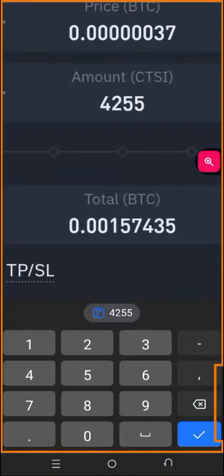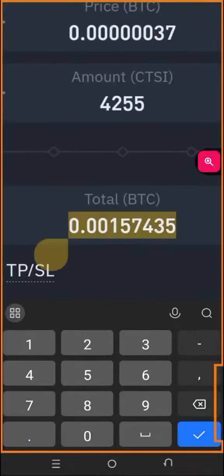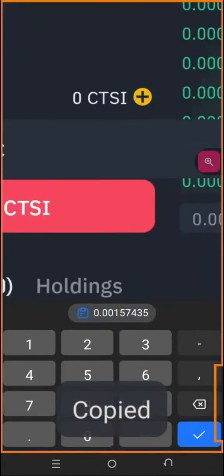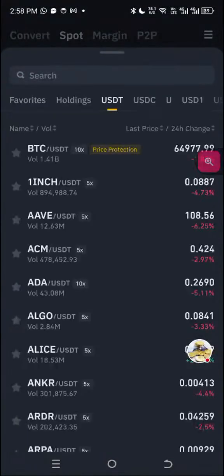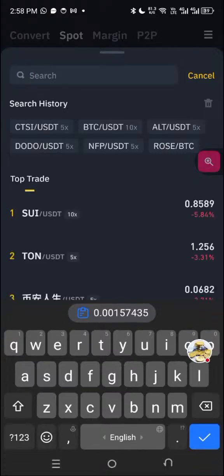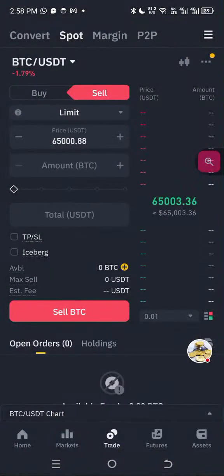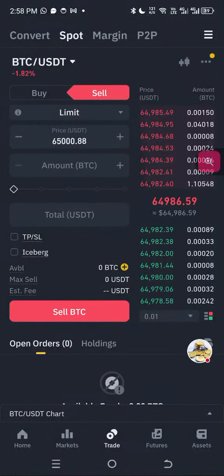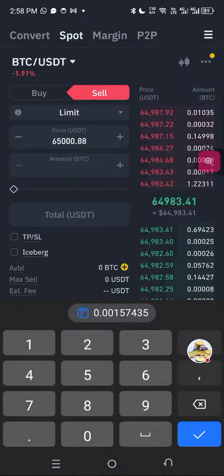Good. So now for what we've gotten here, copy your BTC. Once you copy it, then we quickly go and check. You can see I'm being very fast. I'm not wasting too much time, but because I have to explain to you guys, I still have to be a bit slow. When I'm doing this in real time, I don't waste time. Do you get it? So let's quickly go and sell this and put in our BTC.